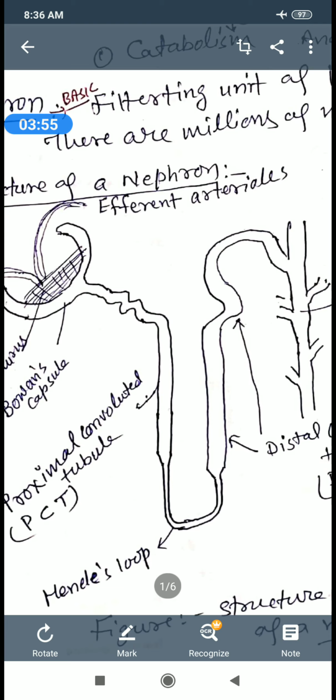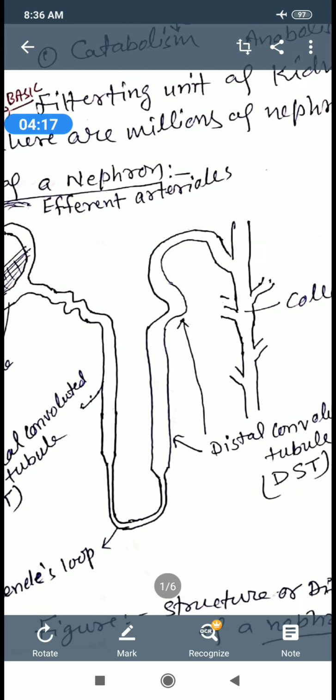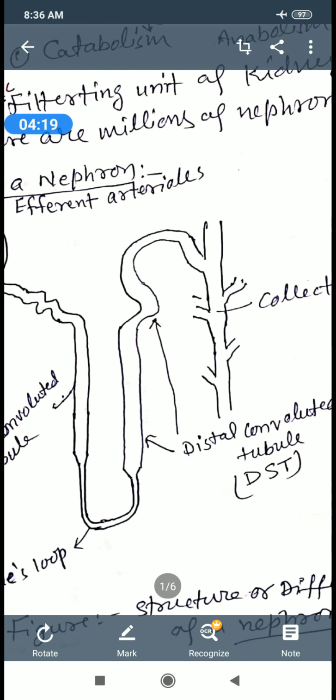This is called Henle's loop, and the other side of the tubular structure is called the distal convoluted tubule, the further convoluted tube of the nephron, and the DCT opens into collecting ducts.